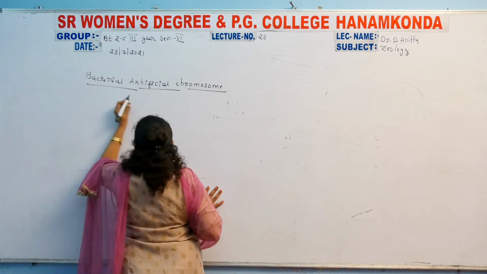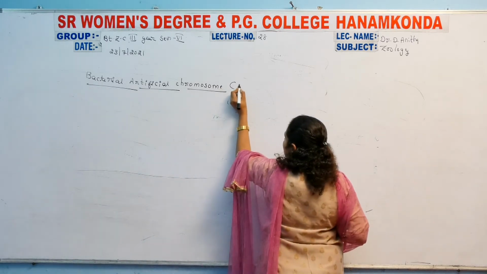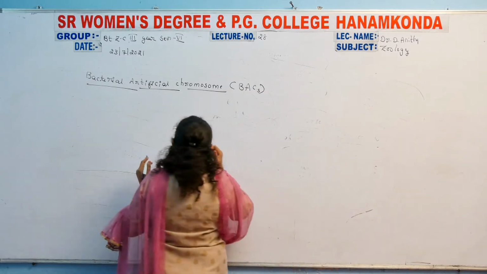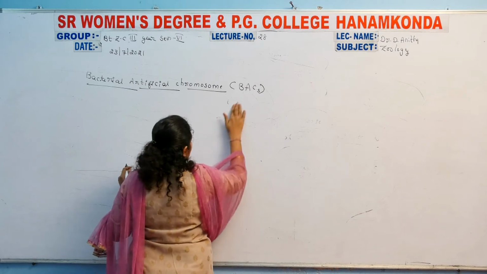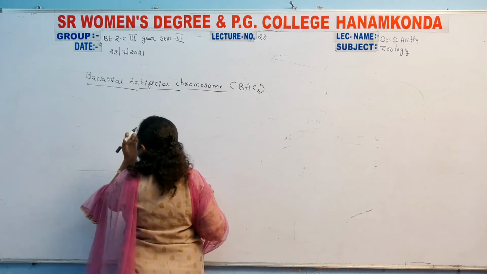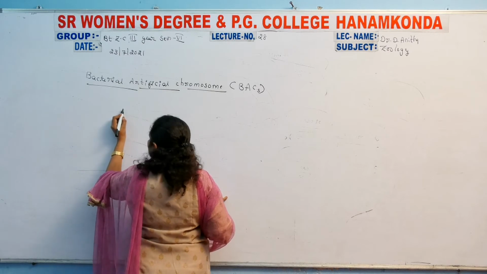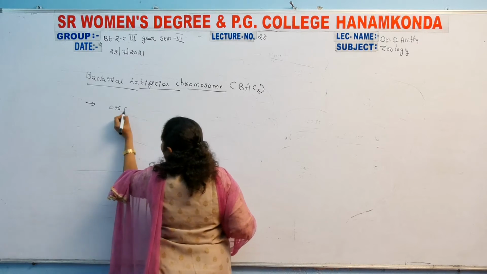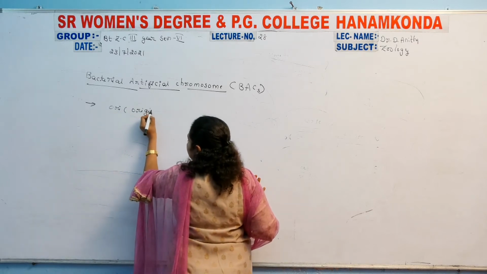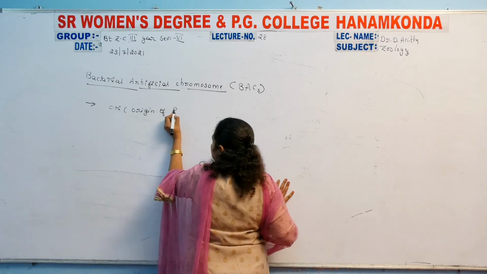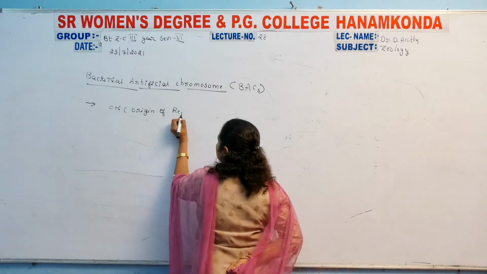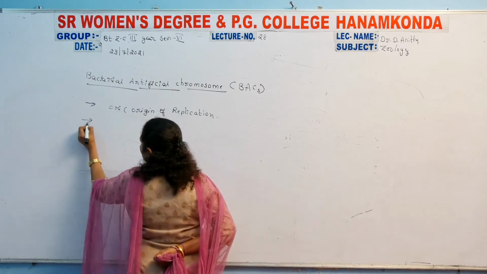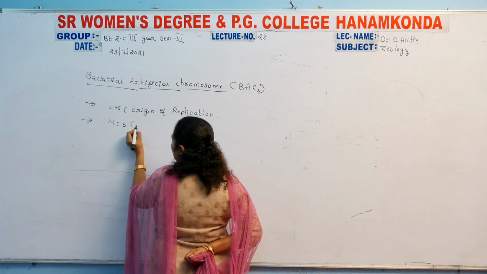Bacterial artificial chromosome, the BACs. It can clone DNA. It should contain the ORI, origin of replication, and multiple cloning sites.